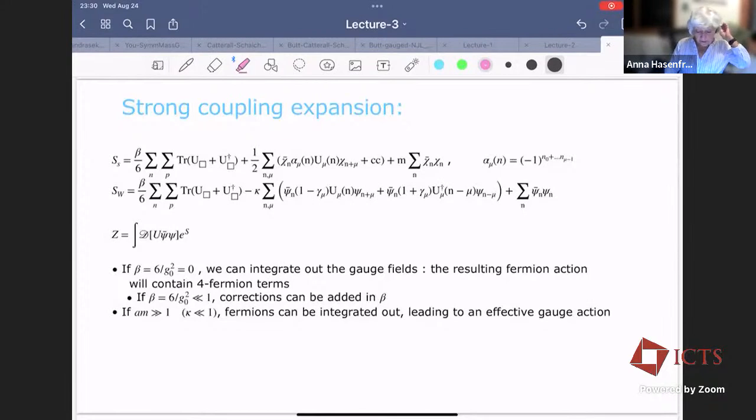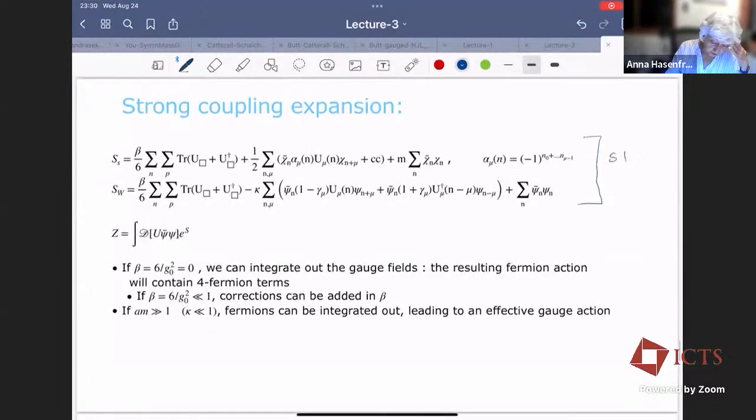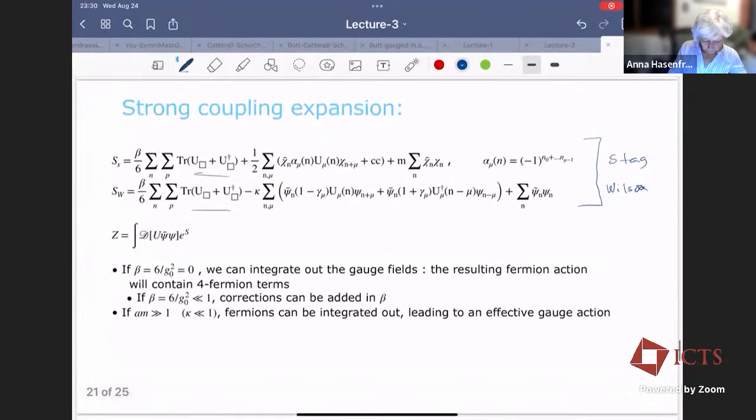So what is a strong coupling expansion? What can be expanded? I wrote down again the two actions that I discussed. The top one is the staggered fermion action. The bottom one is the Wilson fermion action.